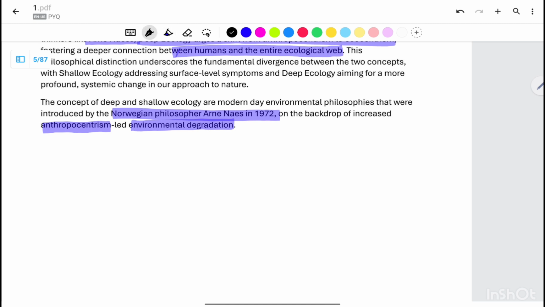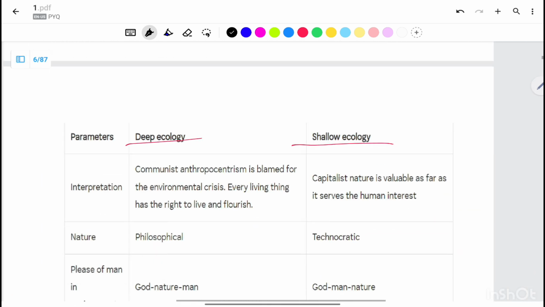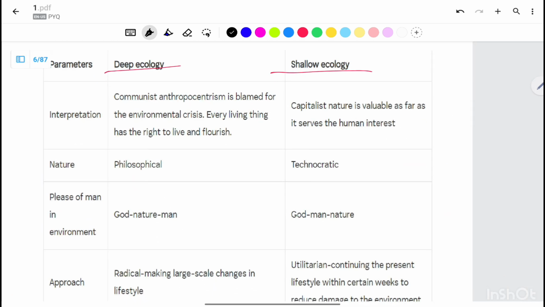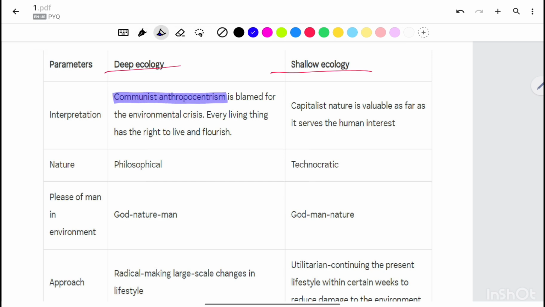One of the more important names is Arne Naess, who speaks about deep ecology, right? In deep ecology, anthropocentrism is to be blamed for every environmental crisis. But in shallow ecology, nature is valuable only as far as it serves human interest.